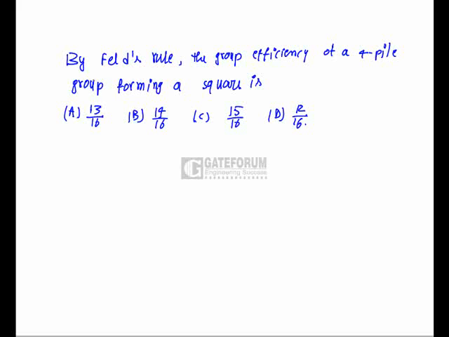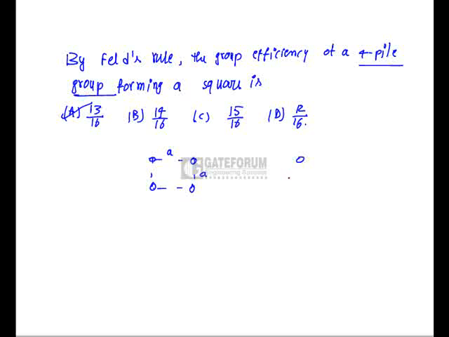The question is, by Feld's rule, the group efficiency of a 4-pile group forming a square. So here 4 piles form a square, and the side length is the center to center spacing A. Then the group efficiency by using Feld's rule is going to be 13 by 16 for a square pile group of 4.